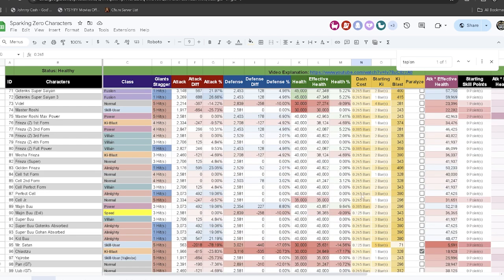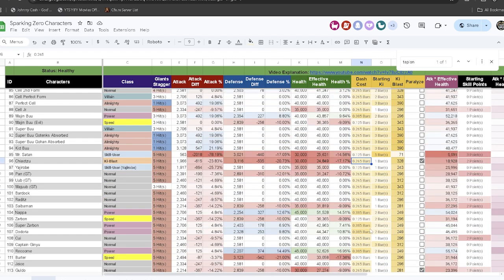Take this for example. It seems that our median is 0.265. That's normal, right? And then you have this one right here at 0.125, which is Evil Buu, which is also a speed character. So you know that speed characters, and this shows you skill users, take less Ki to dash around.